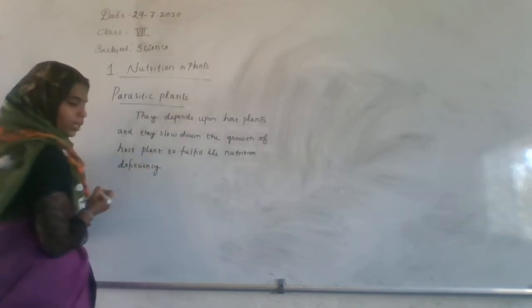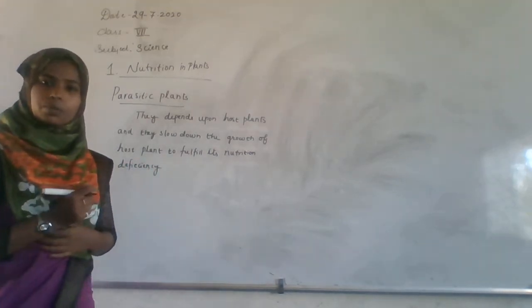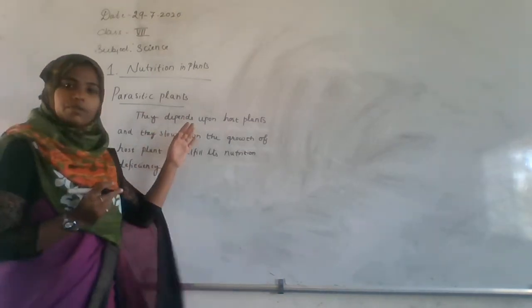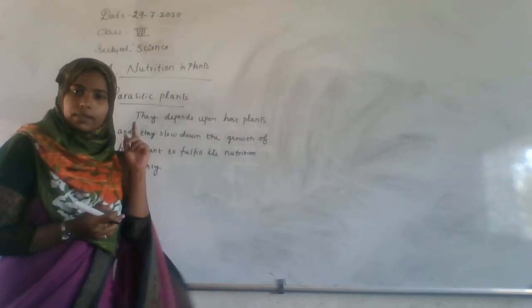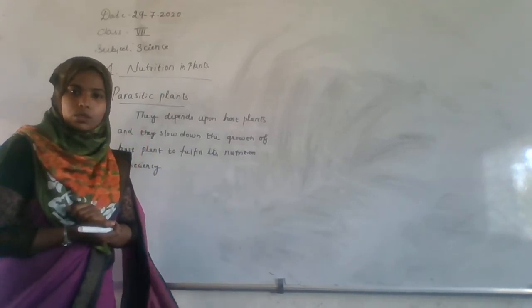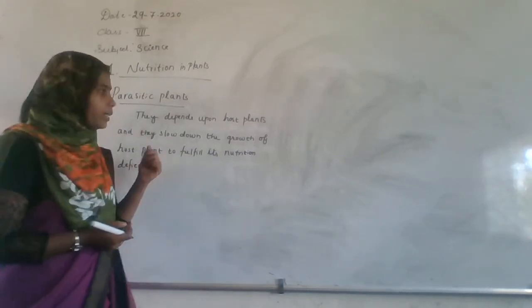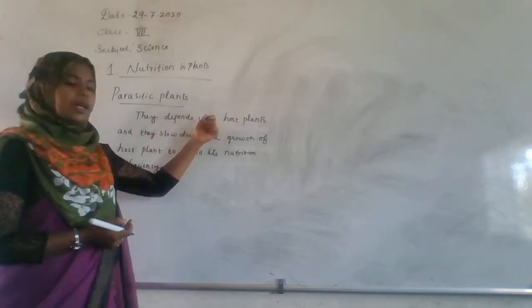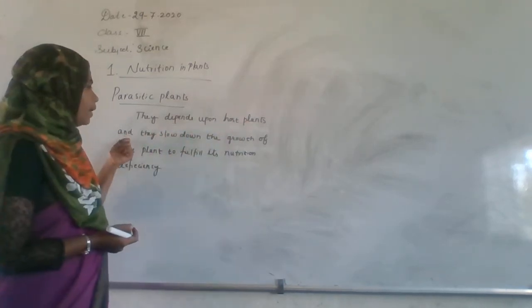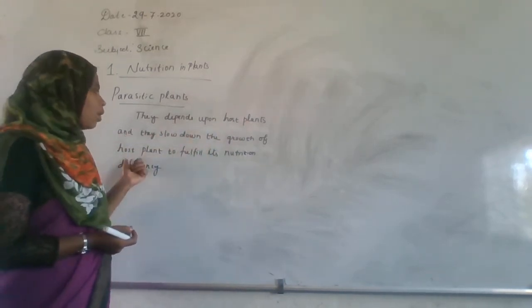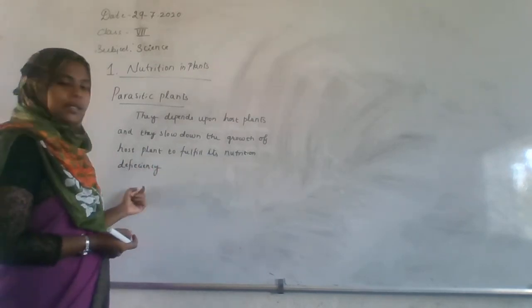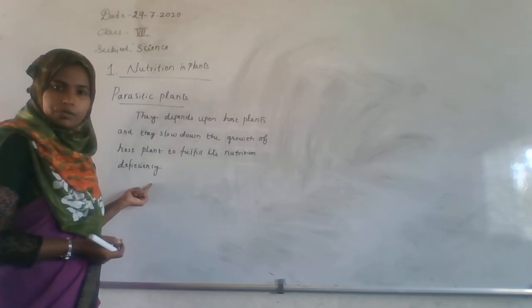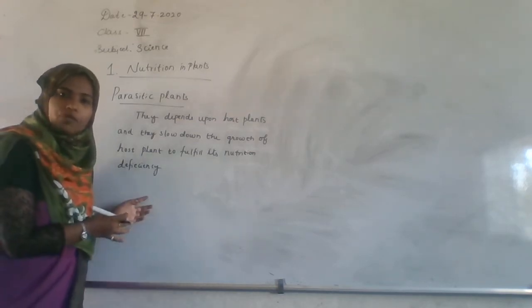Whenever I say host plant, I mean the plant growing together with the parasite, and that plant is called the host plant. The parasites depend upon the host plant and slow down its growth to fulfill their nutrition deficiency, because they can't prepare their own food.